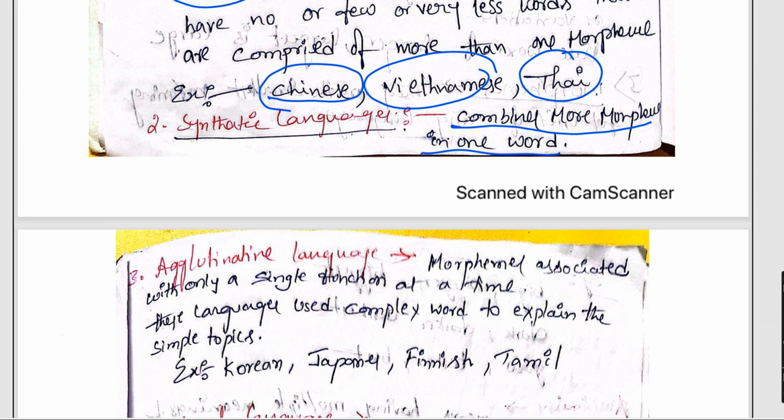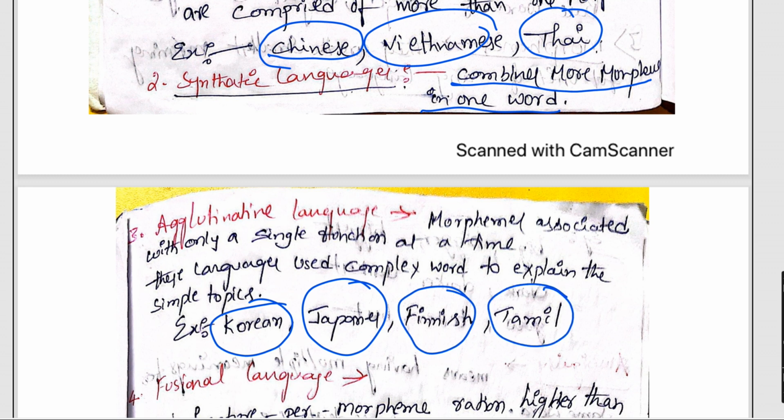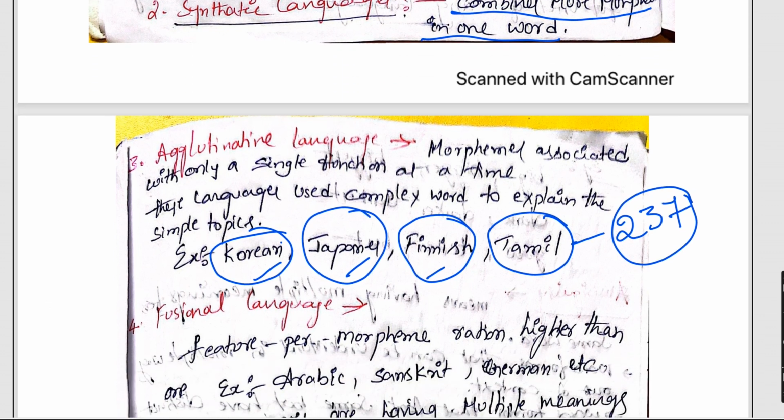The languages here are Korean, Japanese, Finnish, and Tamil. You know that in the Tamil language we have 237 alphabets. I don't know how many alphabets Korean, Japanese and Finnish have, but there are more alphabets. That's why for explaining a simple topic they use complex words.